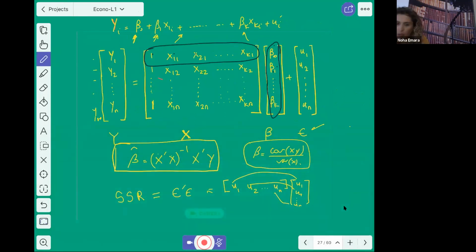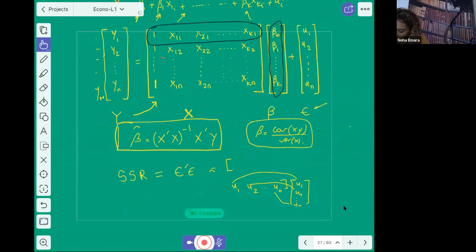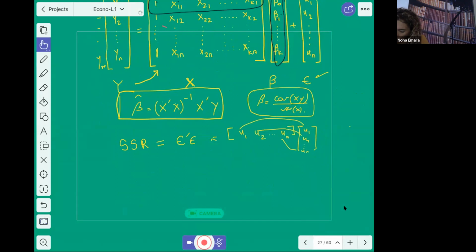If I write this model in a matrix form, can you notice that this is equal to 1? The vector of the intercept is a column of ones, okay? All right, so I want you to imagine that I have a model like this.